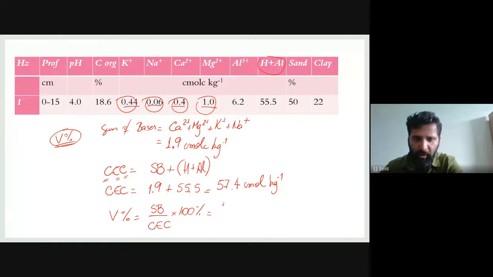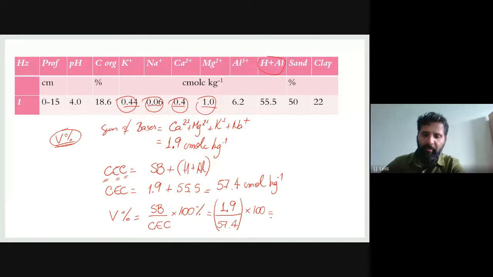So it's 1.9 over 7.4, and we should only multiply this by 100%. So, of course, it's not a high number.